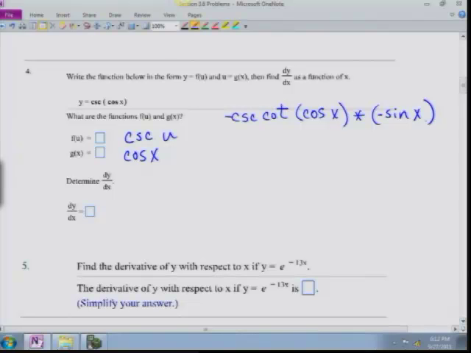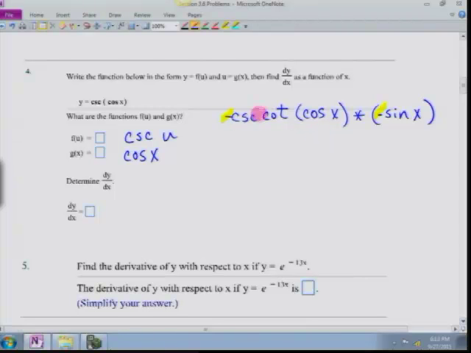Okay, so can you see that that negative and that negative are going to cancel each other out? But would you still have x right behind cosecant? This is cosecant cotangent of cosine x. Well, but would you put x right after cosecant?